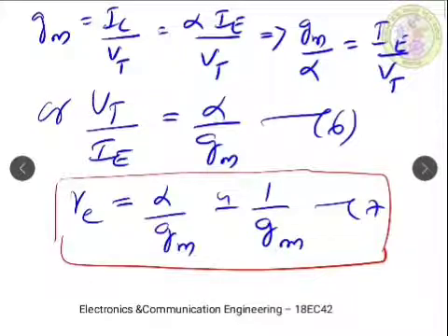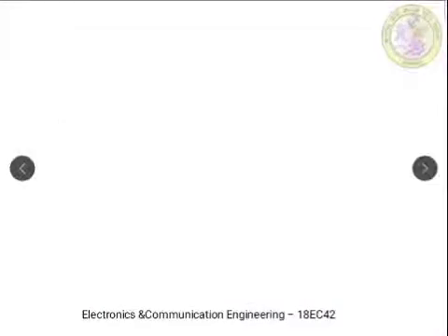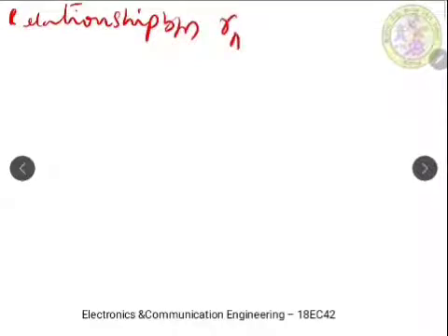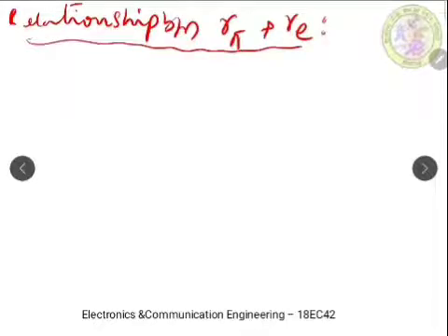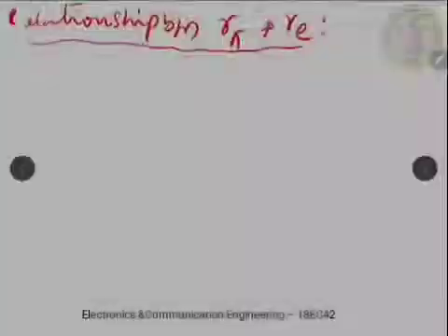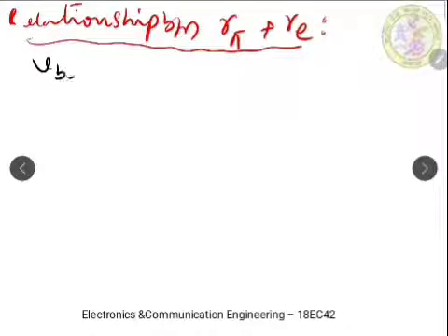Having derived the relations for r pi and re, let us know the relationship between r pi and re. For this we first write vbe. We know that vbe is equal to ib into r pi.